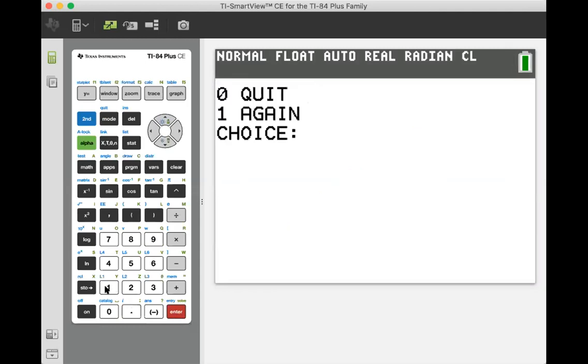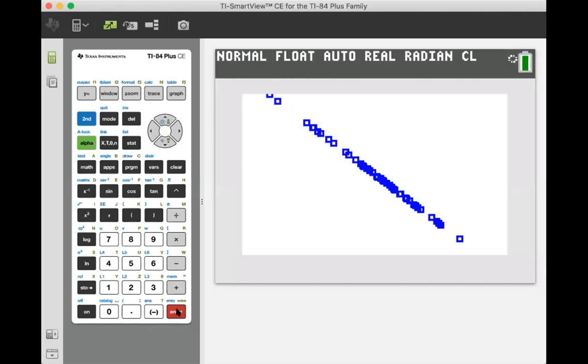Let's do one more. This time we'll use n as 50. We'll let rho be -1. That's the smallest it can be, okay? Let's see what happens. Indeed, it becomes a straight line pattern, okay?